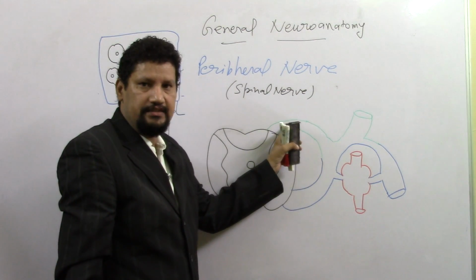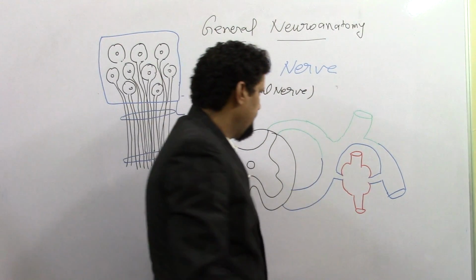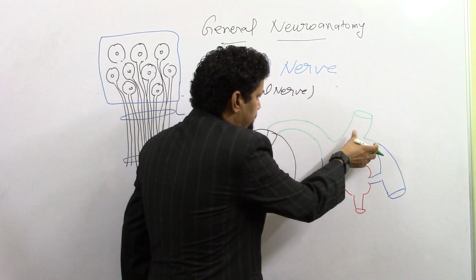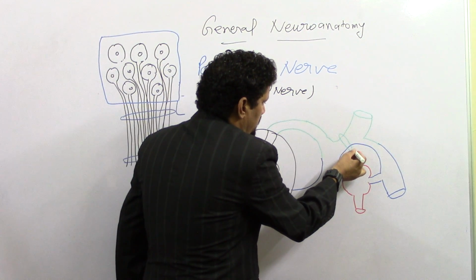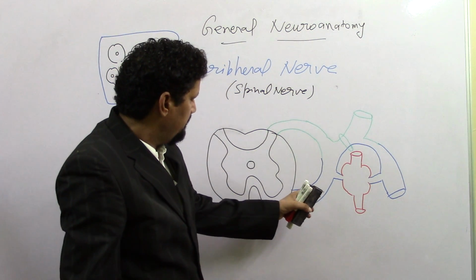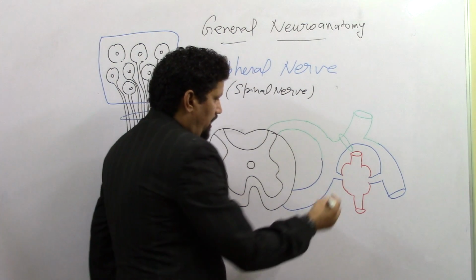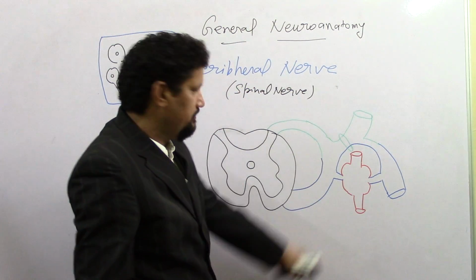Dorsal root is pure sensory, ventral root is pure motor, and here is the trunk of the spinal nerve, and it is having connection with the sympathetic chain and sympathetic ganglion.